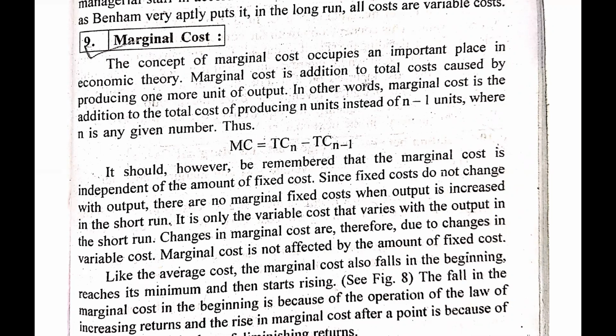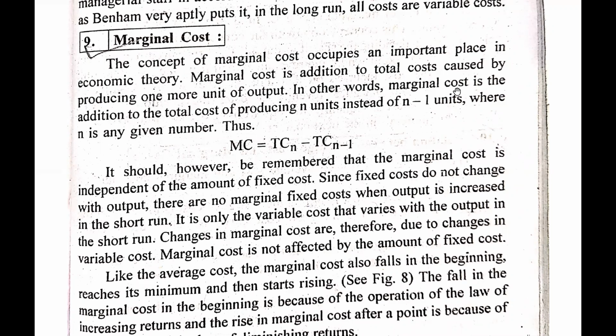The concept of marginal cost occupies an important place in economic theory. Marginal cost is the addition to total cost caused by producing one more unit of output. As I have told you, in the total units produced, when we add one more unit, the difference between the cost before and after production is known as marginal cost.